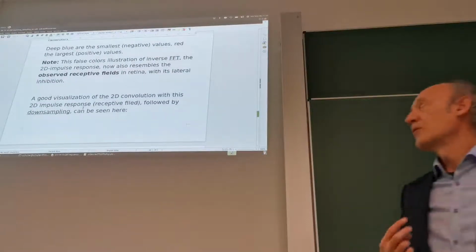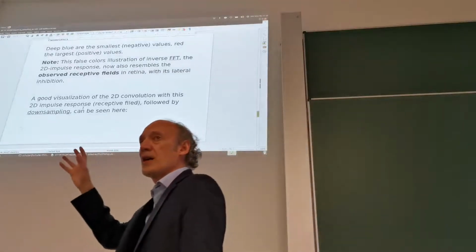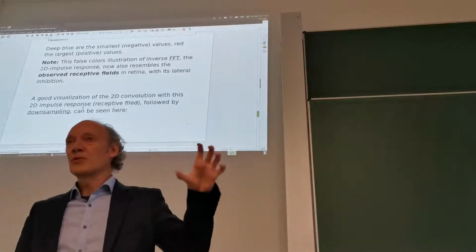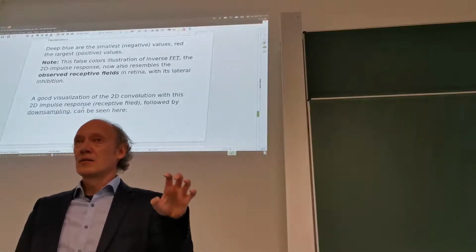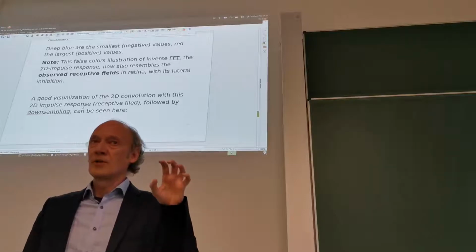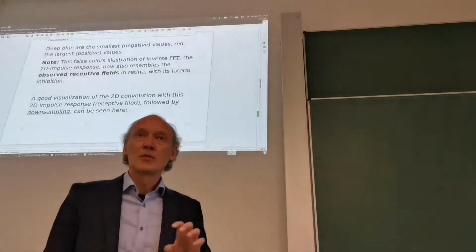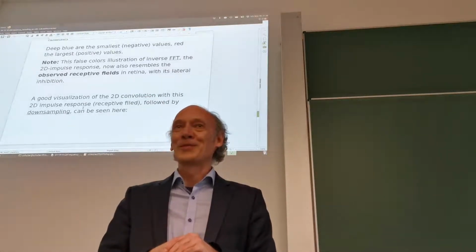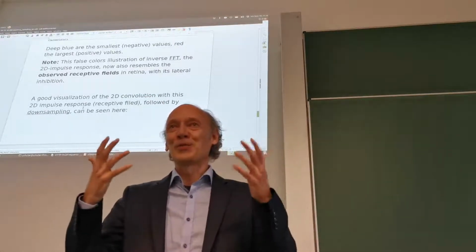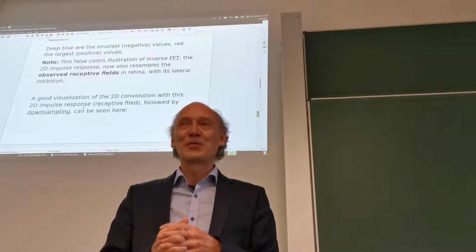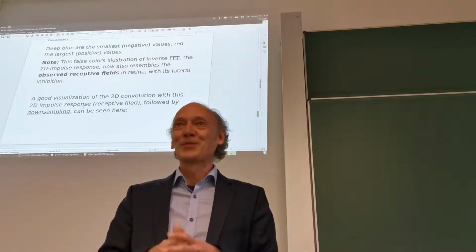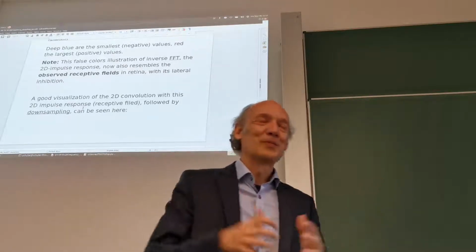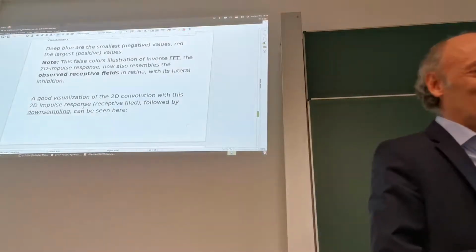So this shows you that this low-pass filtering and downsampling that we just saw is basically the same principle that happens in the eye on the retina. The retina is doing first low-pass filtering and then downsampling to avoid moiré. Because for our brain it's also important not to see patterns which are not really there. We don't want to hallucinate. We want to see what's really there. It's important for survival, at least in early times, I guess.